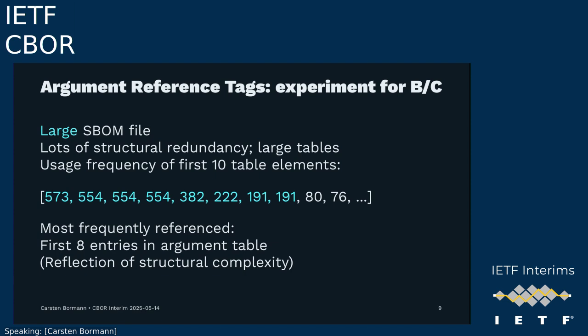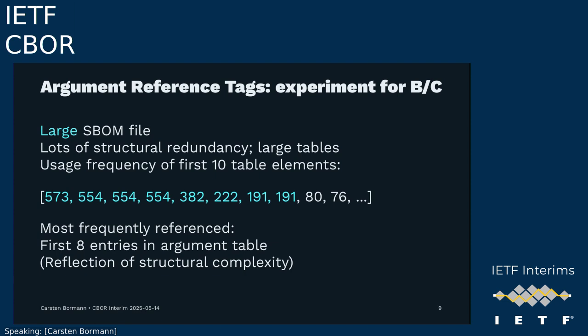And interestingly, this is completely random, but in this case, it just happens to happen. The first 8 actually are appreciably larger than the following ones. So from the point of view of this particular example, a large file with a certain amount of structural redundancy, this looks great.